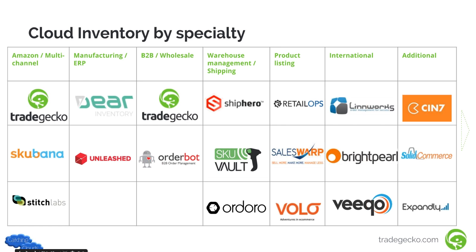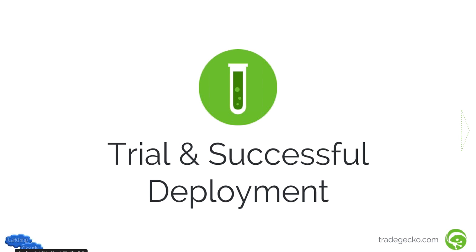Anything longer than that, either you need to spend more time focusing on it because you're doing other things, but you should really be seeing value, and within a month, 6 weeks, it should be just part of your daily routine. So just keep in mind there are a lot of different options. Take the time to find your short list, and those are the ones you want to demo and trial, which we'll go into next.